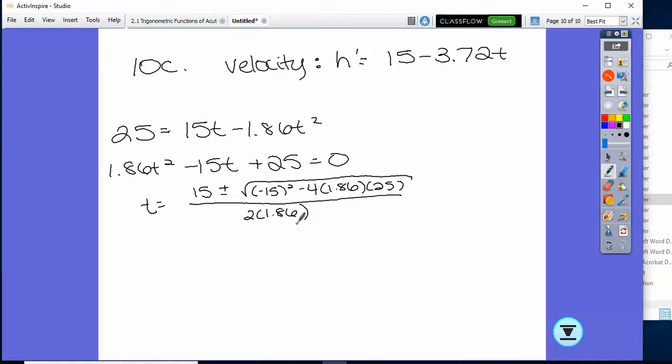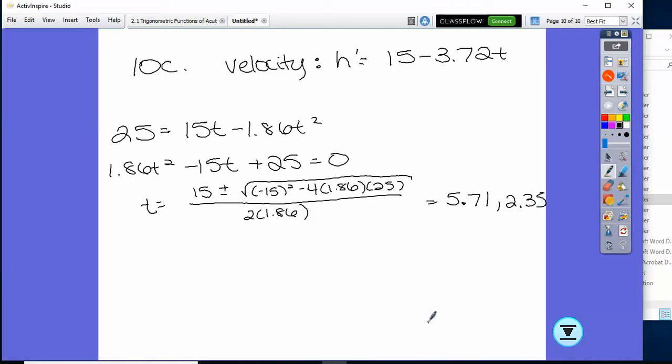So if I plug this in, I get 5.71 when I do the plus, and when I do the minus version of this, I get 2.35.